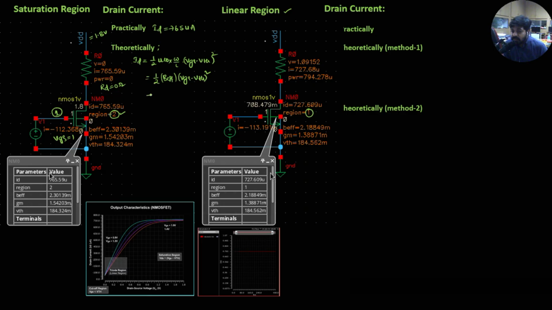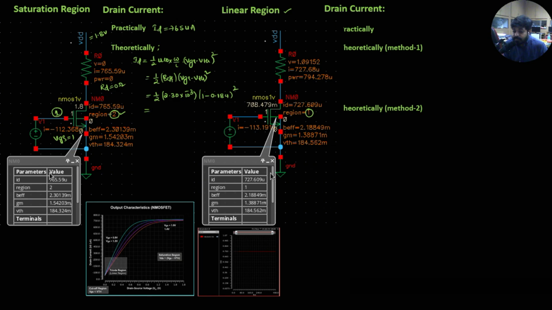We have all the values: beta effective is 2.30 milli, into 10 to the power of minus 3, VGS value we are keeping is 1, and VTH value is 184 milli. So I will be considering 0.184, whole square.